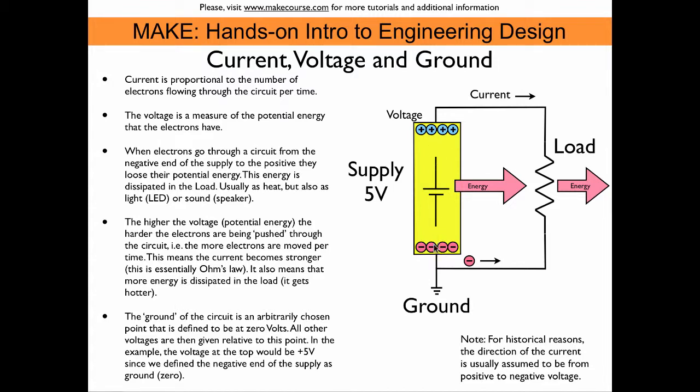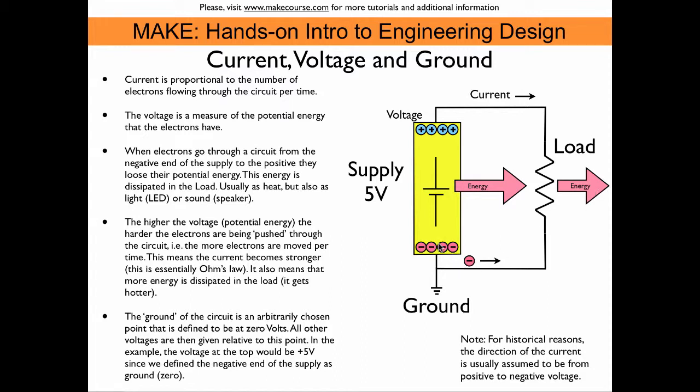During this process, the potential energy of the electrons is dissipated through the load into the environment. So energy is coming from the power source and going to the load, and the load typically heats up, and that heat is then dissipated into the environment.